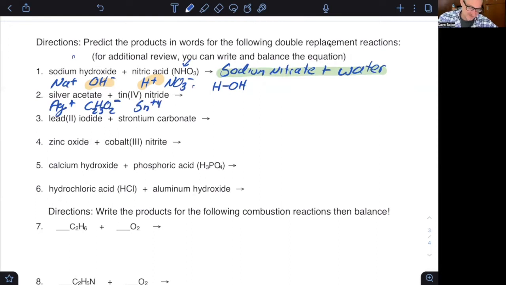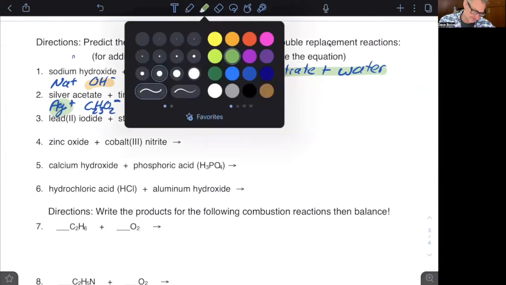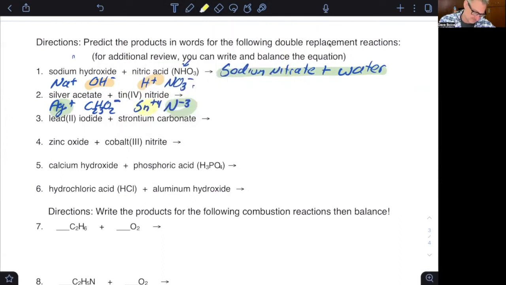And then nitride, ide. So that's just nitrogen, which forms a -3. If I was putting these together as formula units, I would pay very close attention and do my swap and drop. I put my silver with my nitrogen, and then I would put my tin with my acetate and make sure that I put it together correctly.